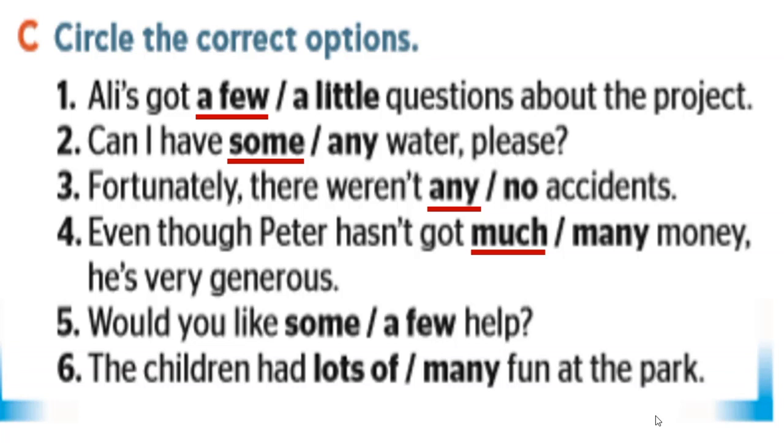The currencies are considered to be countable, but the money itself is an uncountable noun. Money is uncountable, but the real, the dollar, the pound is considered to be countable because this is a currency that we can count.